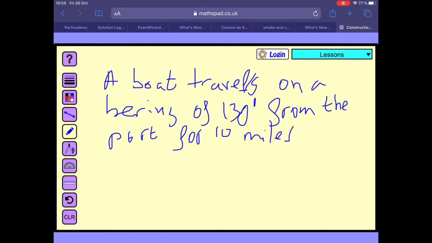Draw a diagram to represent this situation. So the boat is traveling on a bearing of 130 degrees from the port for 10 miles.